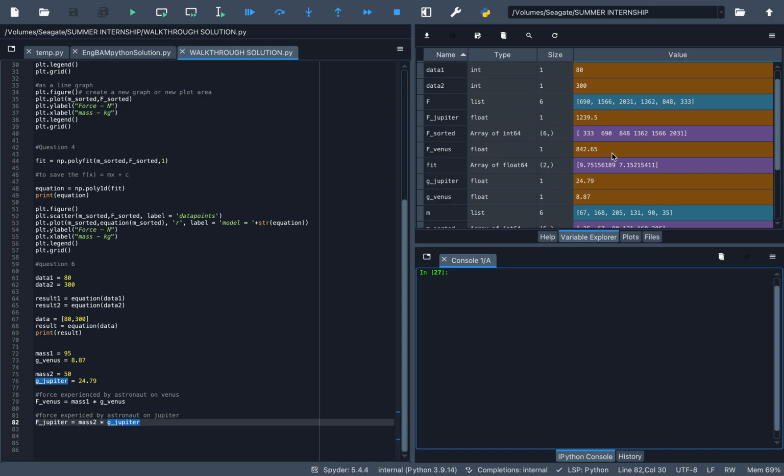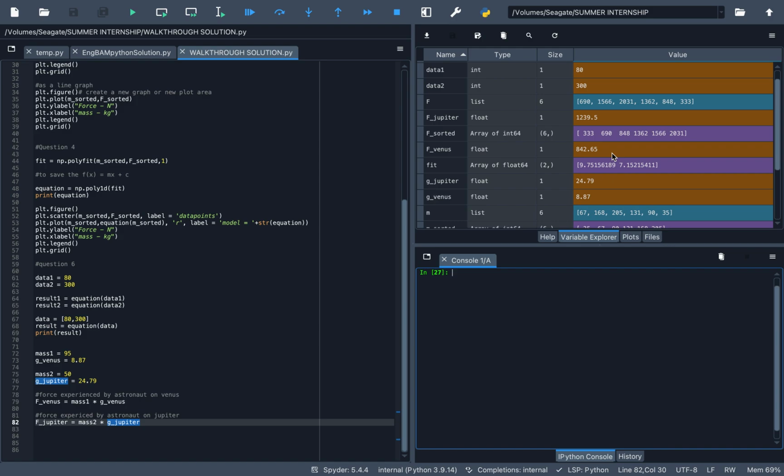But in this case, an astronaut weighing 95 kg, which is nearly twice as heavy as the person on Jupiter, is only experiencing an acceleration towards the center of Venus at a rate of 8.87 meter per second square, which is g in this case, the acceleration due to gravity.